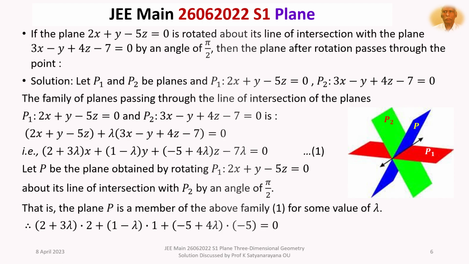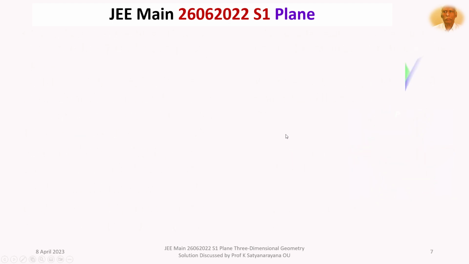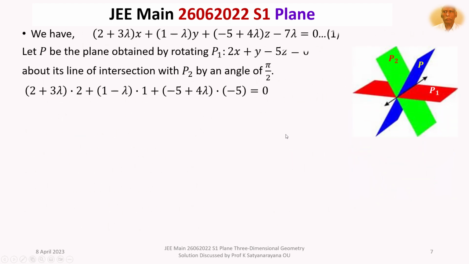We now continue in the next slide. That's what we have done so far. Simplifying this, we get 30 minus 15 lambda is equal to 0, which gives lambda is equal to 2.